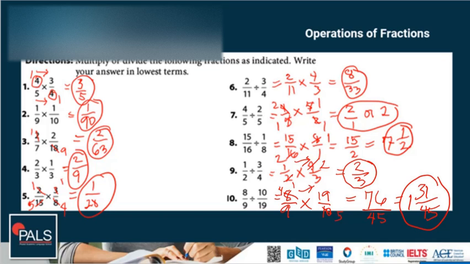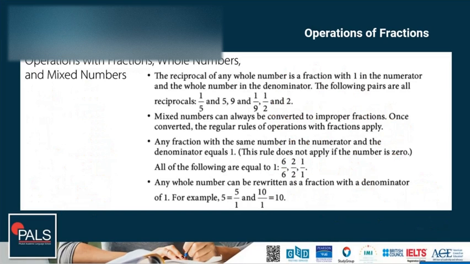And now let's proceed to operations with fractions, whole numbers, and mixed numbers. Sometimes you may need to add or subtract two mixed numbers, divide a whole number by a fraction, or multiply a mixed number by a whole number. In these cases, I want you to look at the following facts that can help you with your calculations.